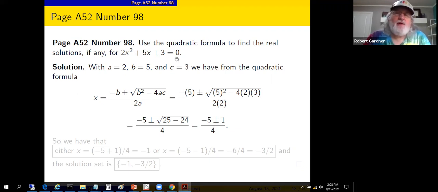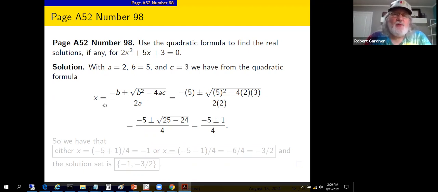The coefficient of x squared is 2, the coefficient of x is 5, the constant term is 3. We've denoted those as A, B, and C in deriving the quadratic formula. We could take this equation, divide the 2 out, complete the square, do all those manipulations, and we get the same thing. We're burying all that completing the square stuff in the quadratic formula.